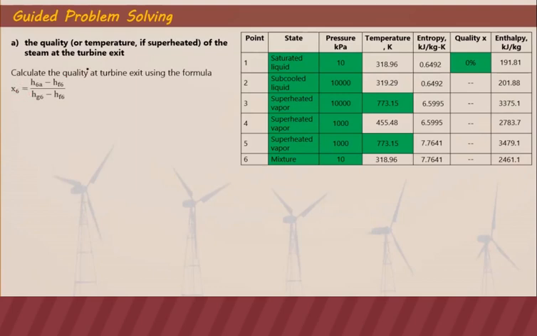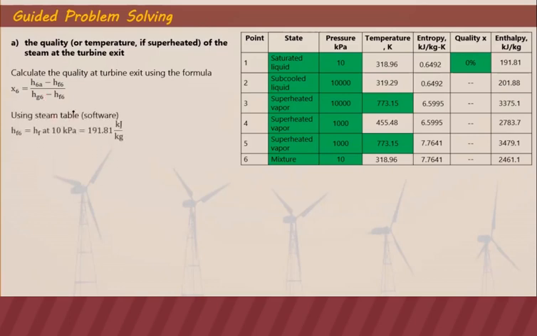To calculate the quality at the turbine exit, we can use this formula: the actual enthalpy at point 6 minus the enthalpy of saturated liquid at that pressure, over the difference of Hg and Hf at point 6.